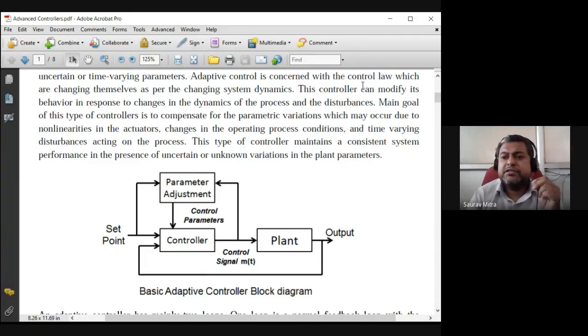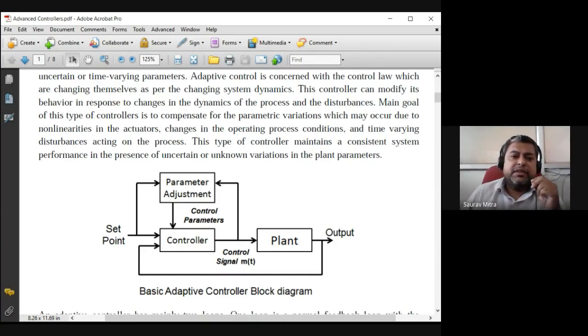The adaptive controller should very fast apply the brake. Okay, or we are driving and suddenly it might start raining. So as soon as the rain starts, we should be able to switch on the windscreen wipers of the vehicle as soon as possible. So these are the kind of scenarios which are followed in adaptive control.